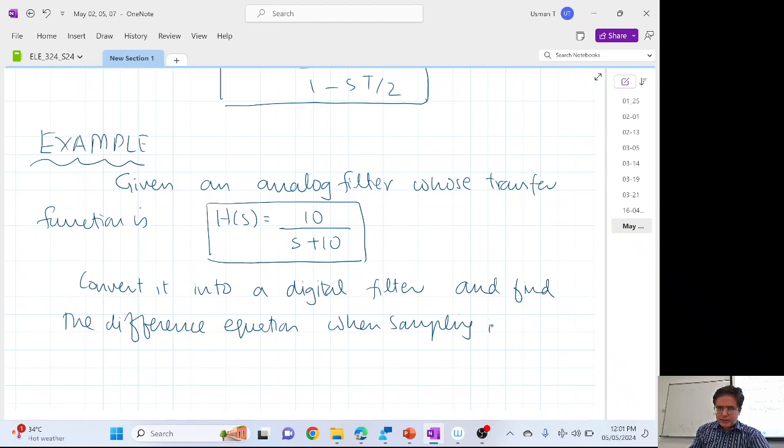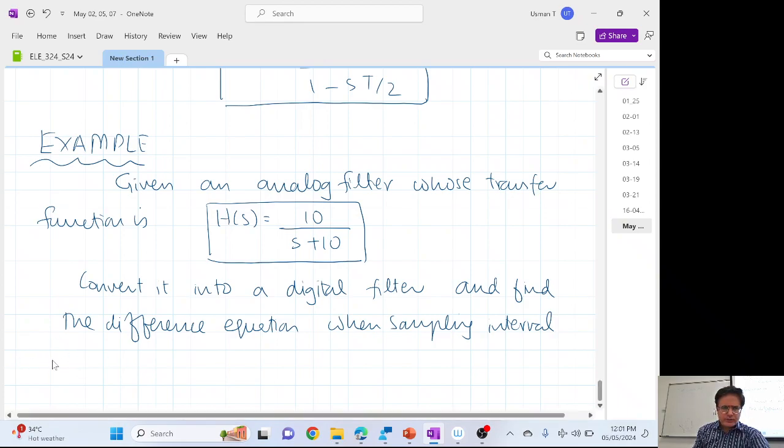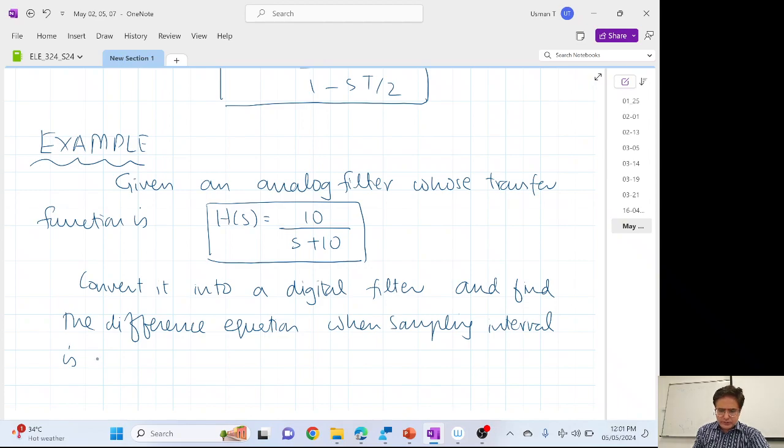And the sampling interval is T equals 0.01 seconds.